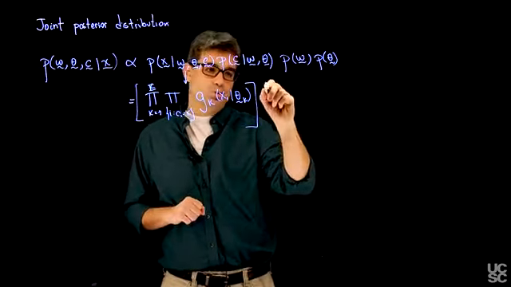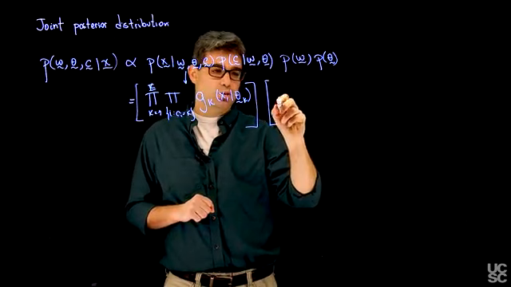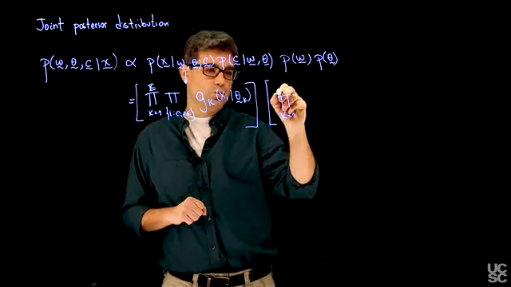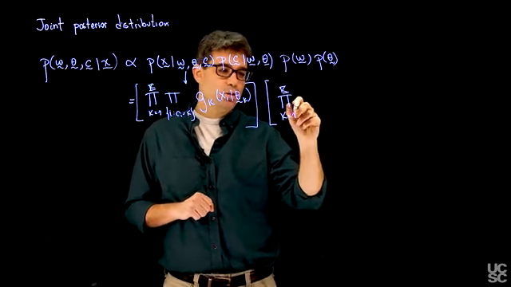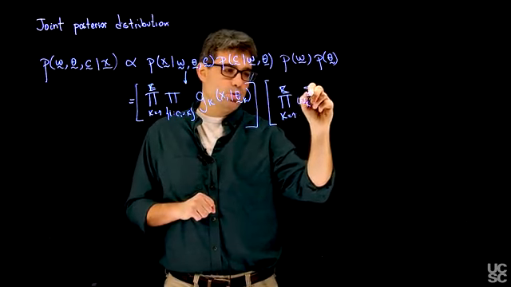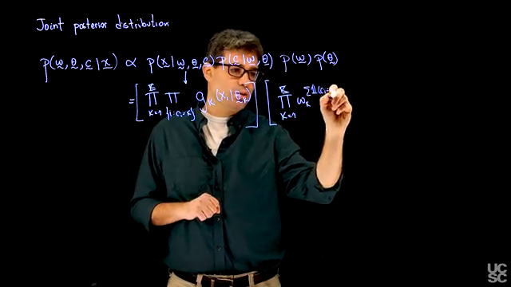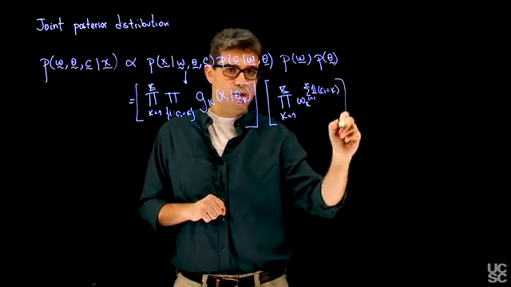The second piece, we have already seen also how to write it down. This is going to be the product from k equals 1 to capital K of omega sub k raised to the sum of the indicators of C sub i equal to k, from 1 to n.